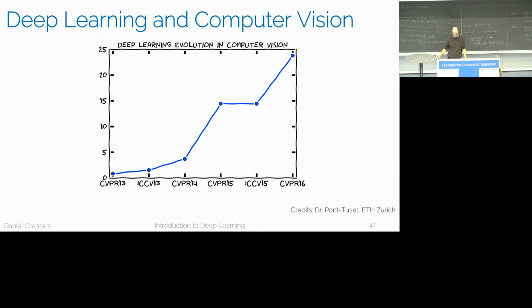You can look at deep learning and study its success over the years. Here are statistics from the flagship computer vision conferences, CVPR and ICCV, and you see that the percentage of papers that relate to deep learning grows significantly, from around 0% in 2012 to 25% just 4 years later.